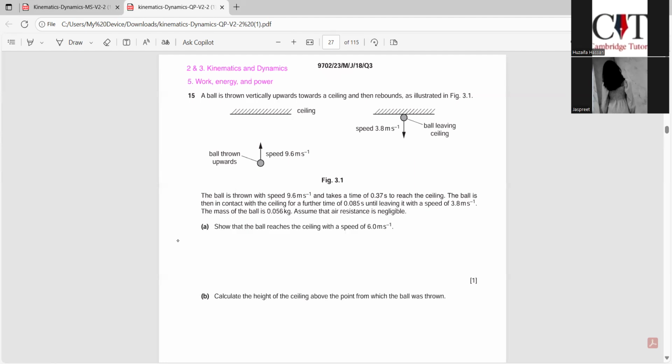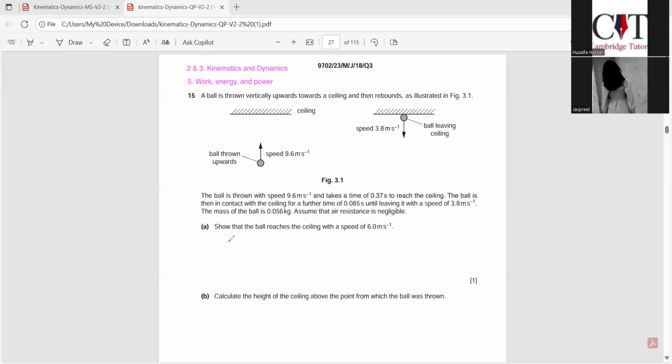Okay, so how will you show it? Using the formula v squared equals u squared plus 2as. Yeah, see, we don't have a distance, so you cannot use that one. v equals u plus at.